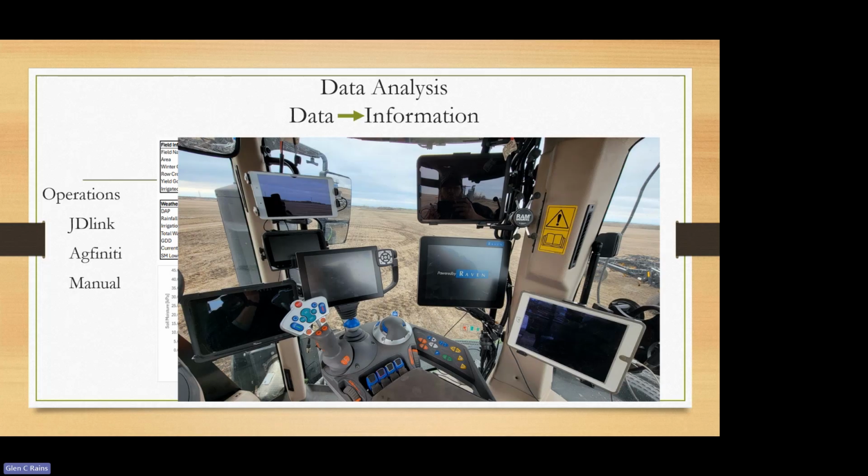And then you may have other companies associated with other pieces of equipment that all have their own system. In this case, you're not using all these monitors at the same time, but they're all indicative of different pieces of equipment you're using. And they all have different formats for their data storage, and different ways of working with them. So it can be really daunting for farmers, as you can imagine, to be dealing with this.